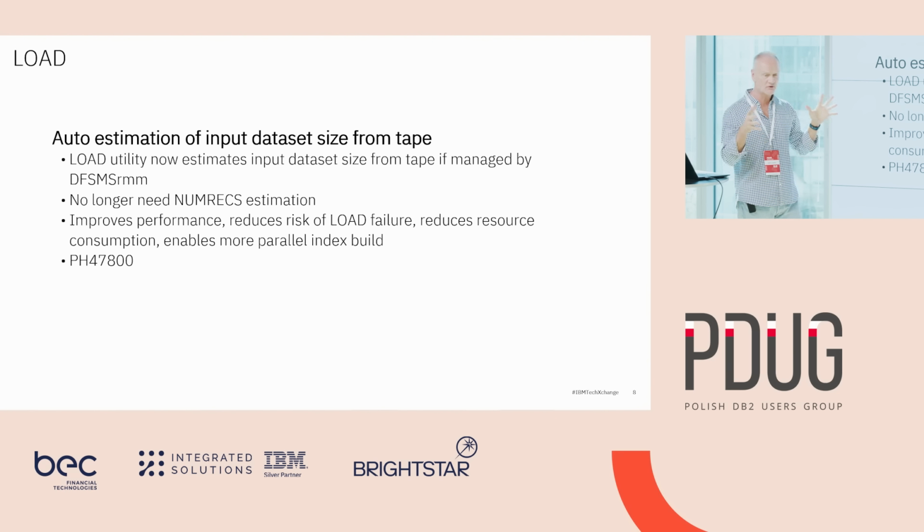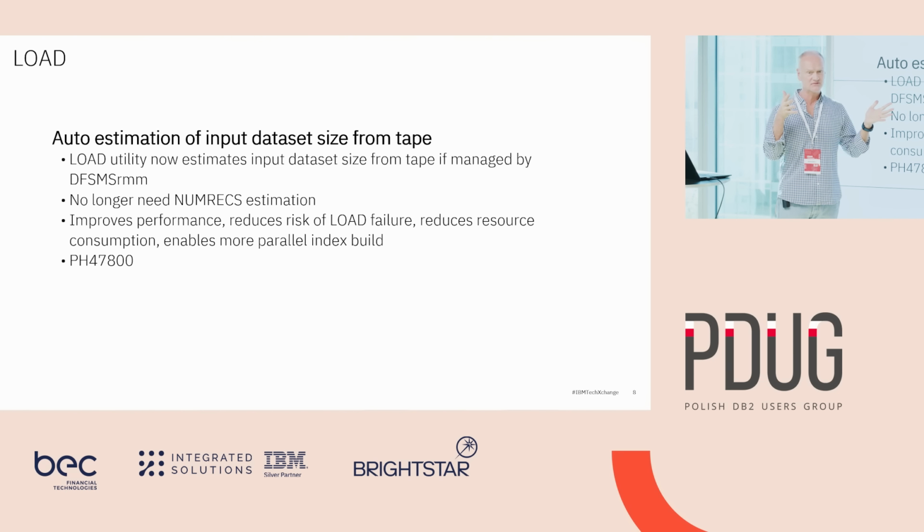And in order to figure out how much space we need to allocate for these work data sets, we need to know roughly how much data you are loading into your table. If the input data set is on disk, we have a look and we say, well, we know what the table definition is. We know how big the input data set is. So we roughly know how many rows you're going to be loading, how much data you're going to be loading.